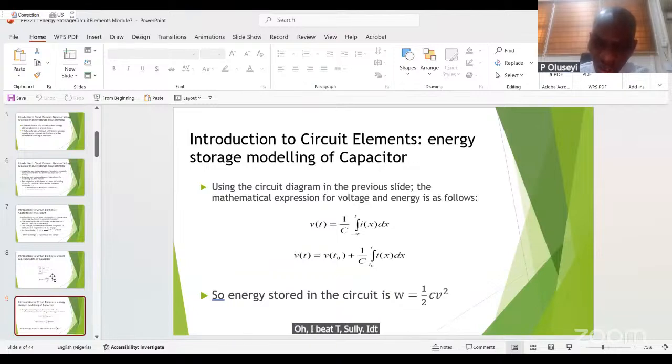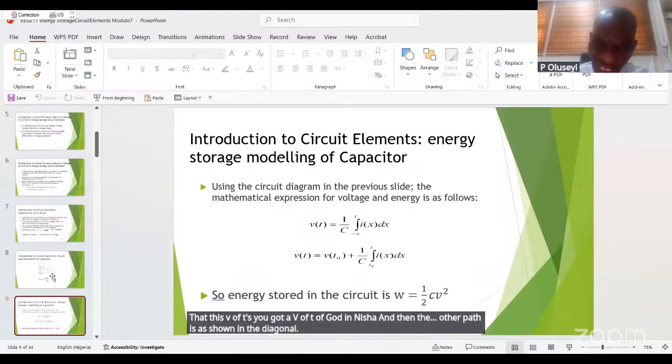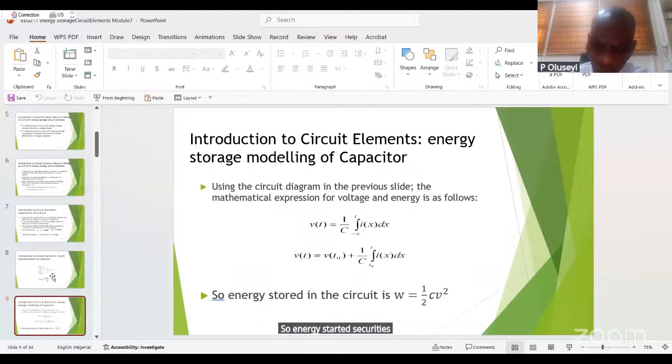So on that account, V of t is equal to V of t naught, that's the initial, and then the other part is as shown in the diagram. So the energy stored in the circuit is W, which is equal to half CV squared.